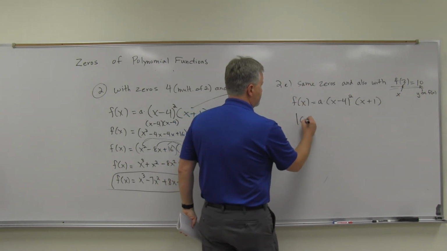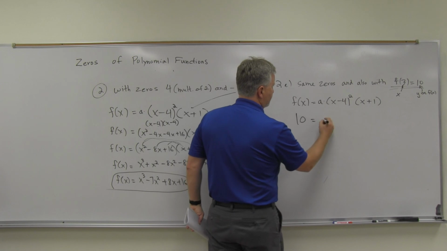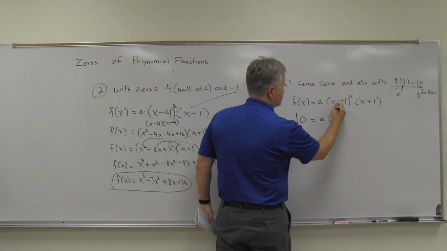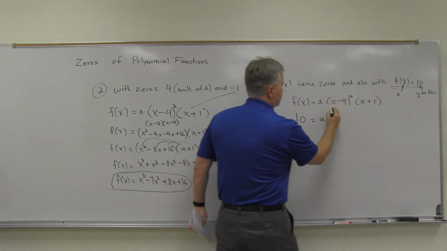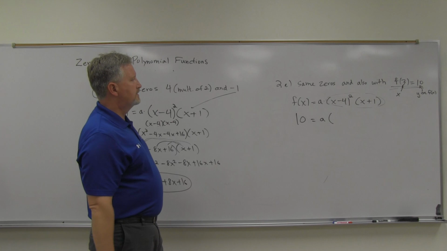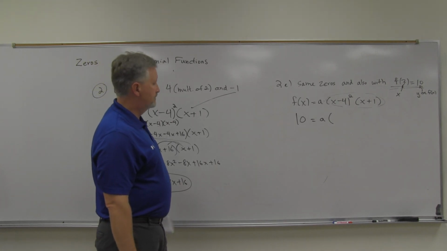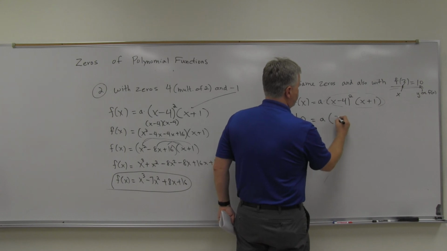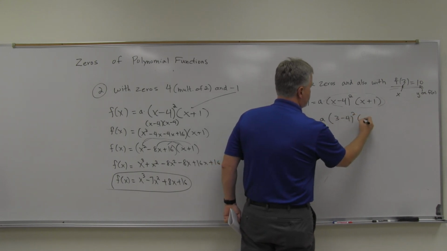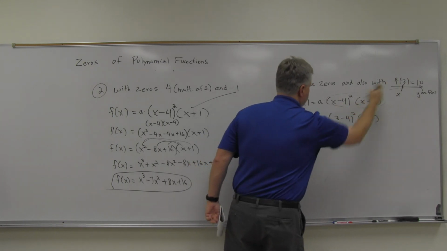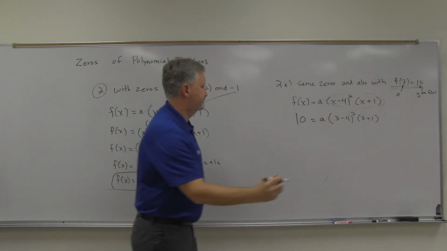All right, so 10 equals a times the x part. You can add it there or use this one. Let's use this one. So 3 minus 4 squared times 3 plus 1. We plugged in x to be 3 and the f of x to be 10.